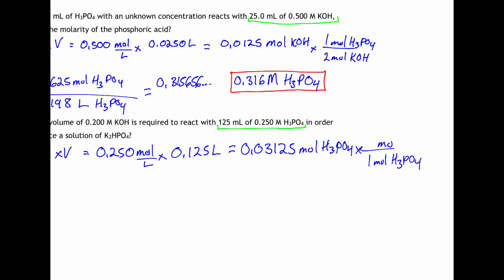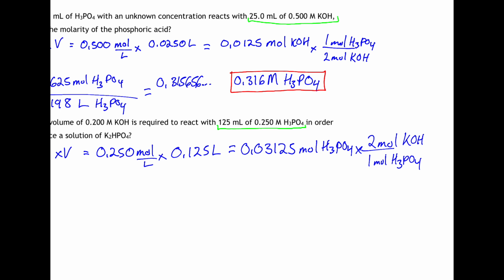How many moles of what is it that I'm looking to find? KOH. So let's do the KOH here. So what's the number in front of the KOH in the reaction? It's a 2. So we put the 2 here, and we're actually going to be multiplying this number by 2 to get our number over on the other side.